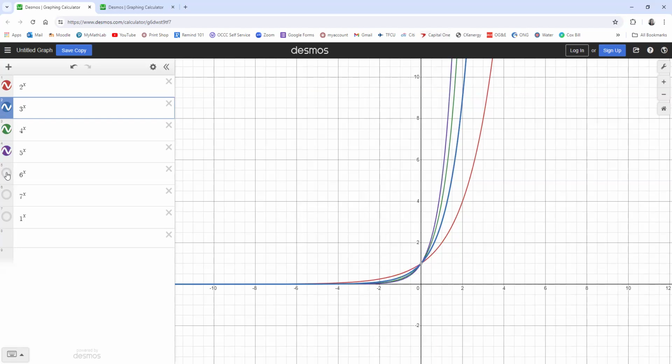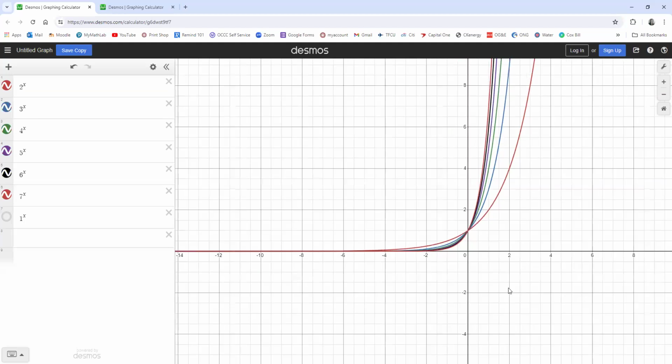5 to the x, 6 to the x, even faster, 7 to the x, even faster than that. Now, all of these graphs have 2 things, well, I guess maybe even 3 things in common. First, they're all increasing, and they're all increasing because this base is greater than 1. So we'll put that on our sheet when I get done with Desmos.